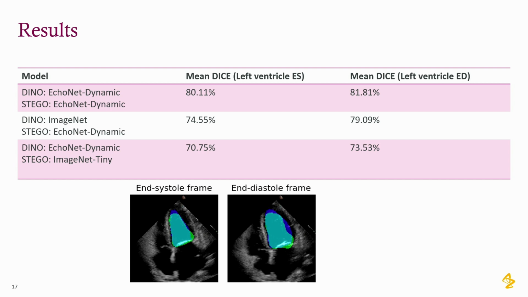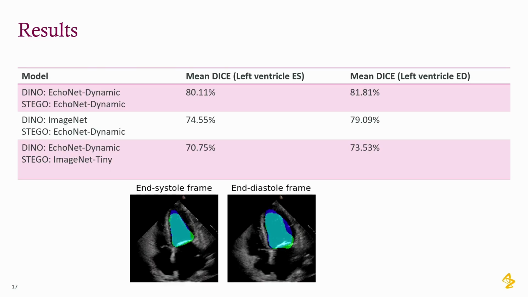Then we were also interested in whether we really need to train our backbone model in this self-supervised fashion on echocardiograms themselves. So we tried DINO trained on ImageNet, which is not echocardiograms per se, but more general structured images.